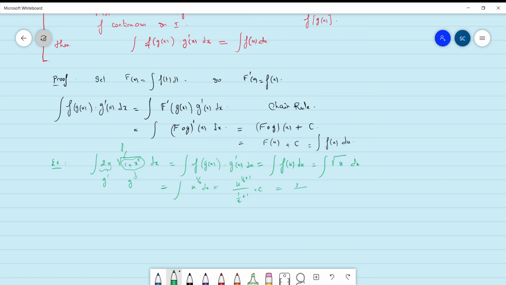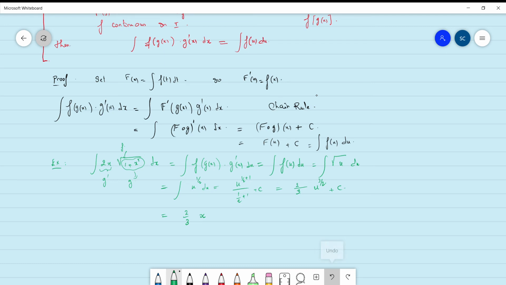So it's 2/3 of u to the 3 over 2 plus a constant. Then come back to your original variable. So we will have x to the power 3 over 4 plus a constant. Sorry, I made a mistake here.